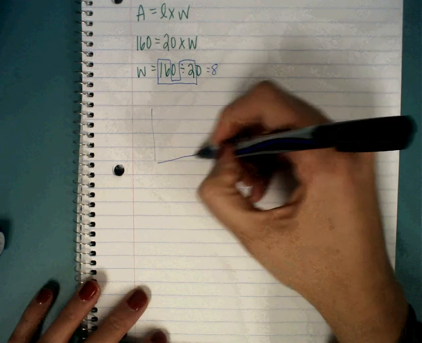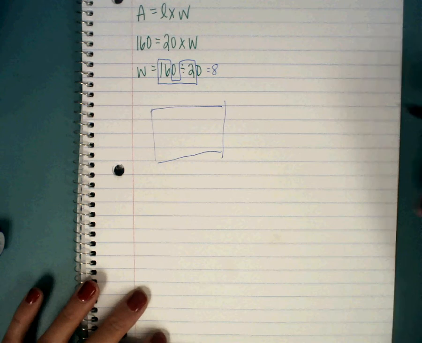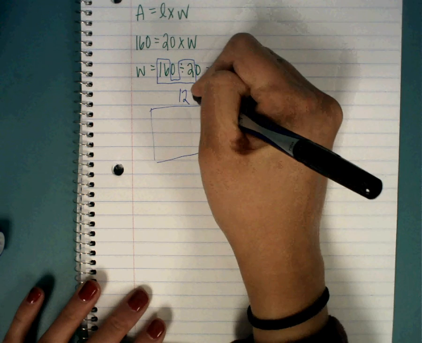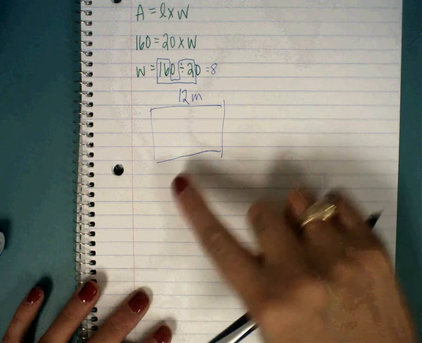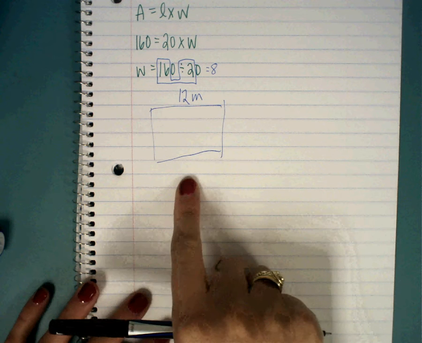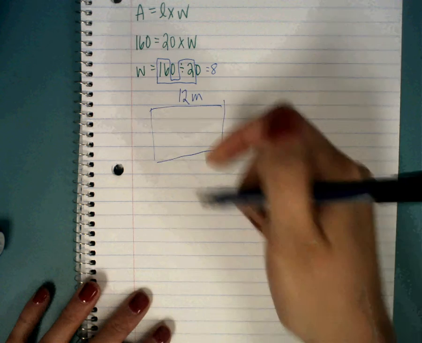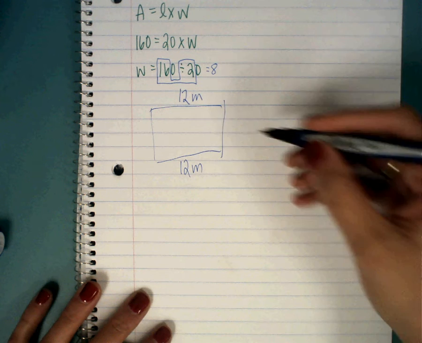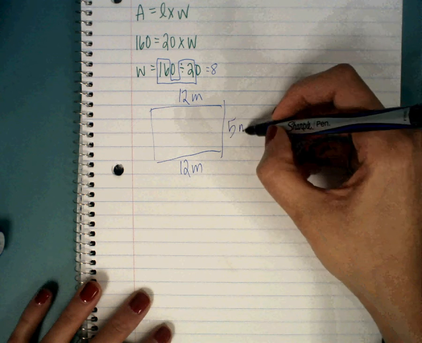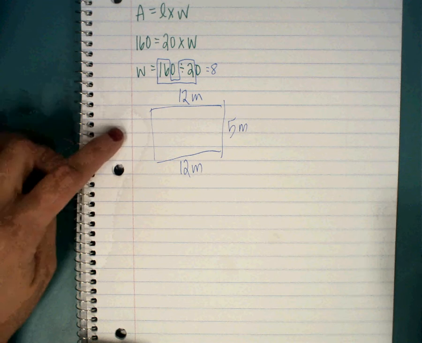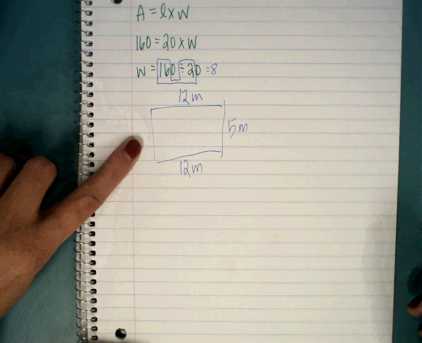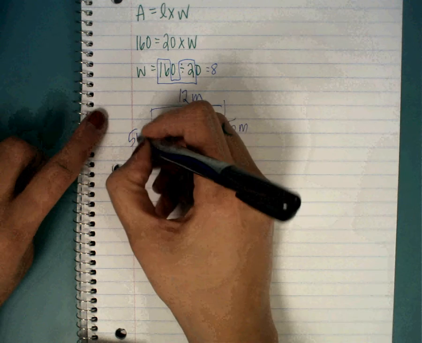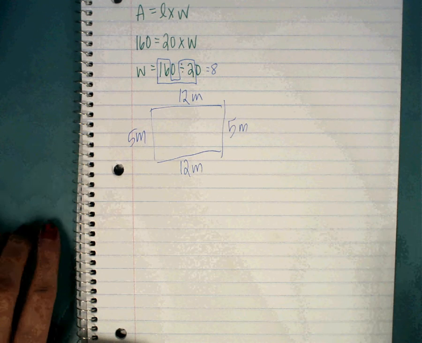It's not a perfect rectangle, but we're going to make it work. I know that this is 12 meters up here. What do I know about down here? If this is a true rectangle, this also has to be 12 meters, right? And if I know that this is 5 meters over here, because of the laws of rectangles, what do I know has to be the length of this side over here? 5 meters. Right?